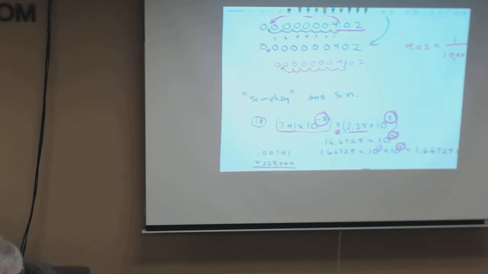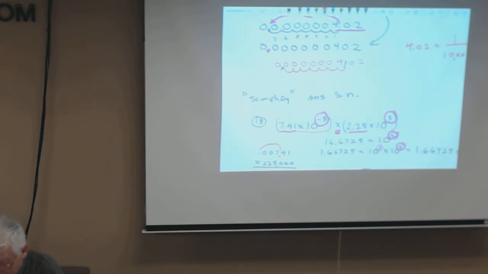You say no. Okay, I want to move this over to here. So it's a number between 1 and 10. And how many places did I move it? 1, 2, 3 places. And I made it from this real small number to a larger number. So that means my exponent's going to have to be a negative number.